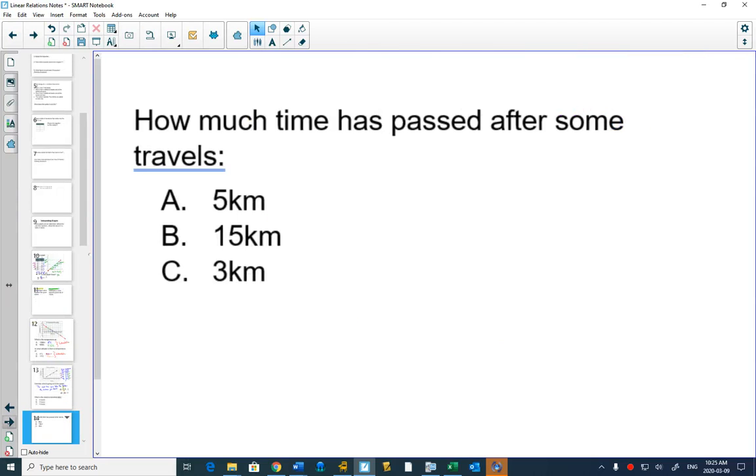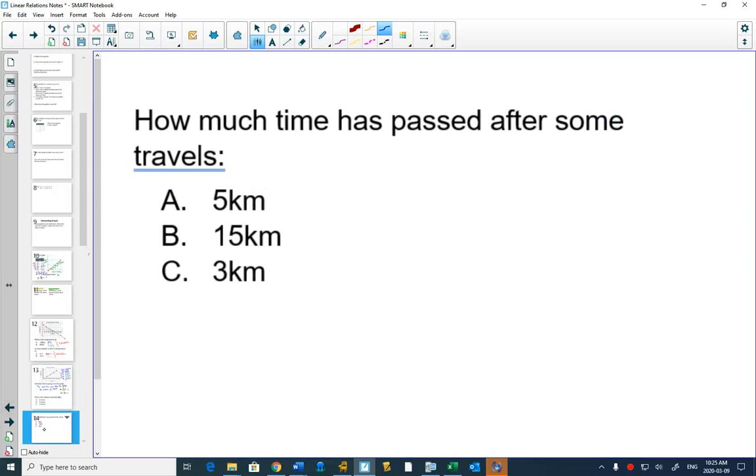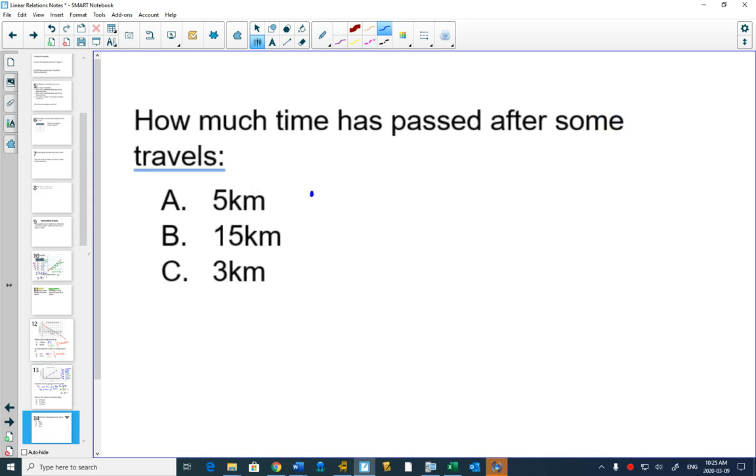How much time has passed after someone travels 5 kilometers? So which 5 am I going to look at? This 5 or this 5? Okay, look at the question. They tell you 5 kilometers, so we need to go from the 5 kilometers over and down and write 2 hours. 15 kilometers.